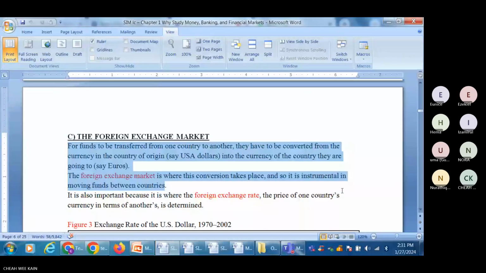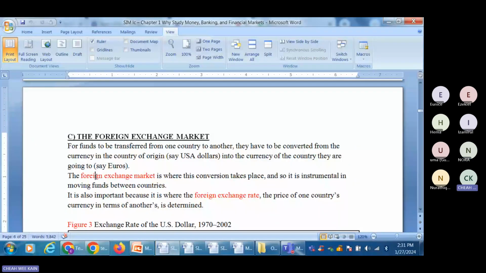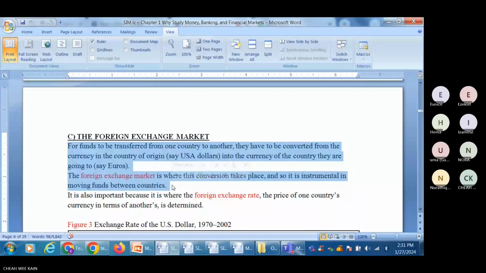So what do you think? Is this statement correct? These two statements? It's correct, isn't it? Yeah, correct.